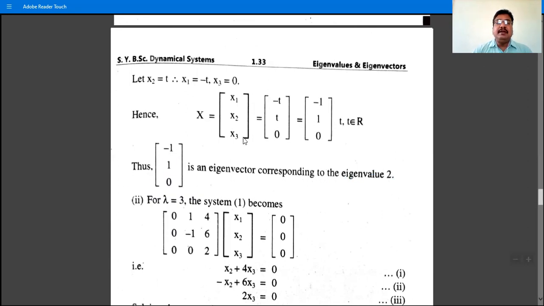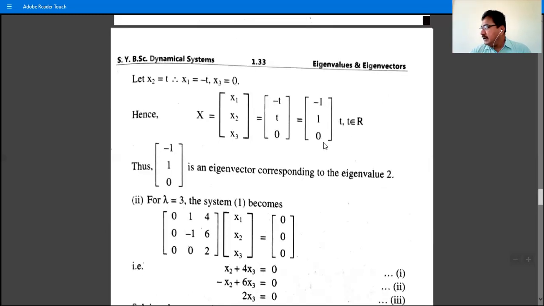How many eigenvectors do we have corresponding to eigenvalue lambda? We have infinitely many eigenvectors corresponding to eigenvalue lambda is equal to 2. What are they? Substitute t as 1, we have this. Substitute t as 2, then we have minus 2, 2, 0. If we substitute t as 3, then we have minus 3, 3, 0.